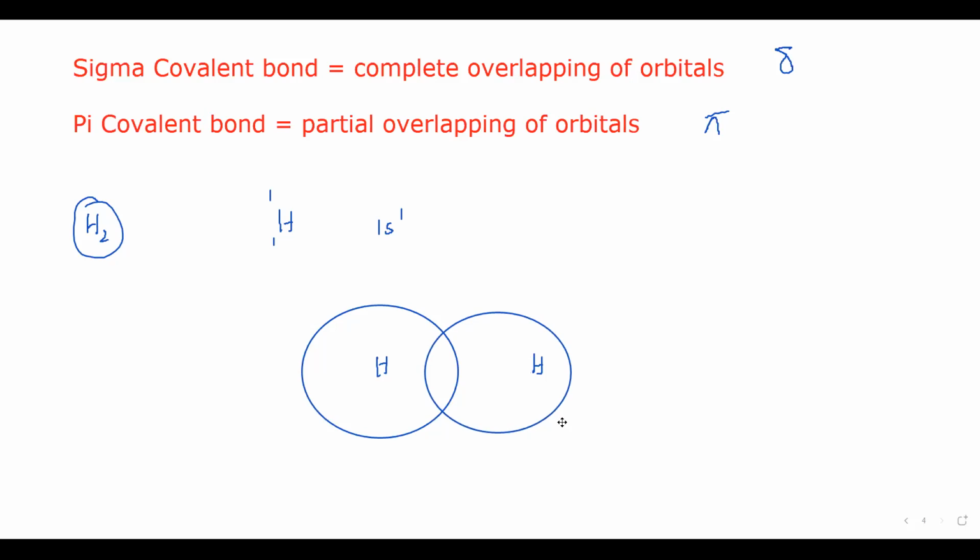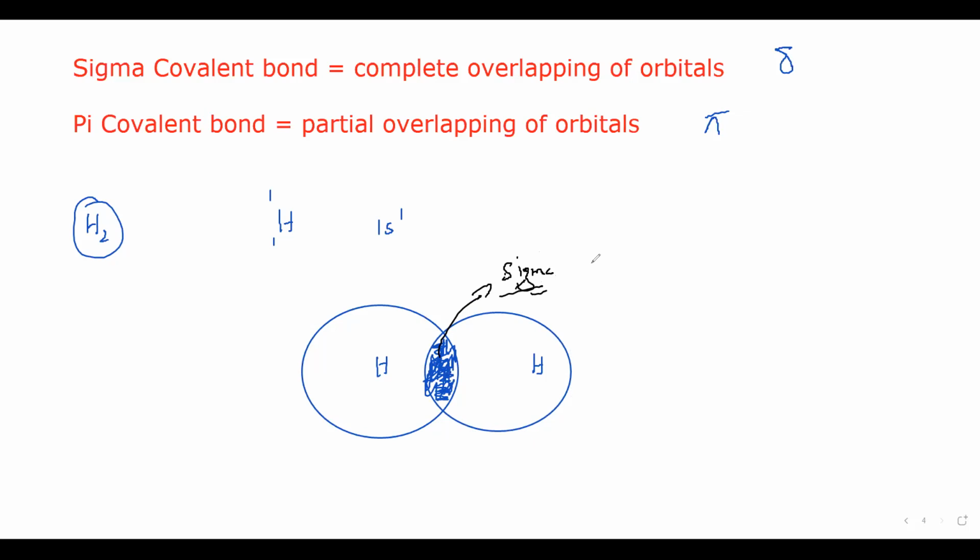When these s orbitals combine, you can clearly see a region where they can easily overlap with each other. We call that bond a sigma covalent bond, because that is a complete overlapping. So this is a sigma bond, which is a strong covalent bond.